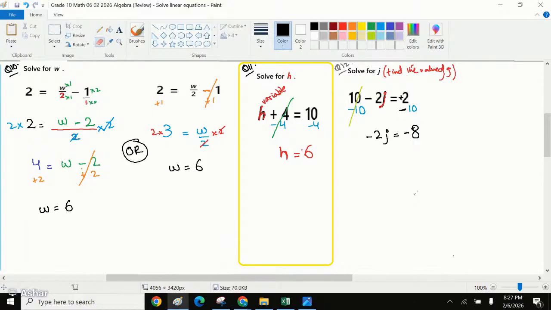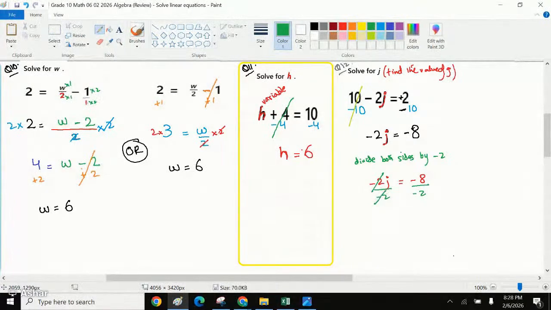So now we want to remove the number next to the variable. The number written next to the variable was negative 2. We want to remove the negative 2. So can we divide both sides by negative 2? If I write negative 2j is equal to negative 8, and I divide both sides by the same number, can I say these are cancelled out?